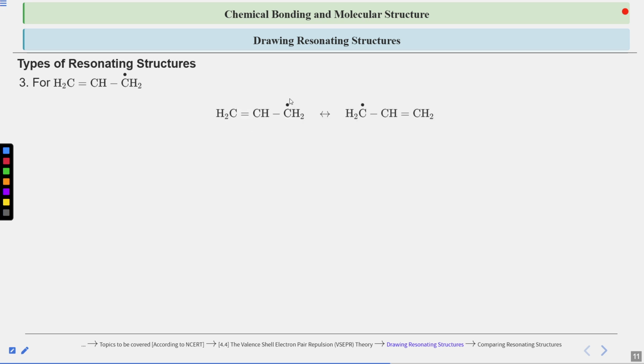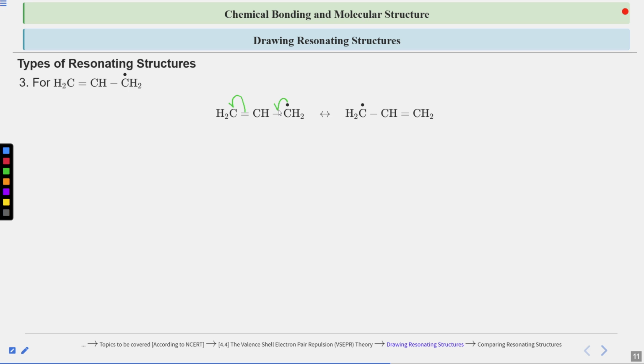How will it move? So there is a very small twist in this. The movement goes like this. It moves on to here, and this bond moves on to here. But in this process, we use a single hooked arrow. Now this is an important part of organic chemistry.